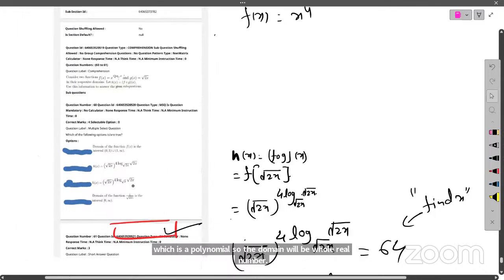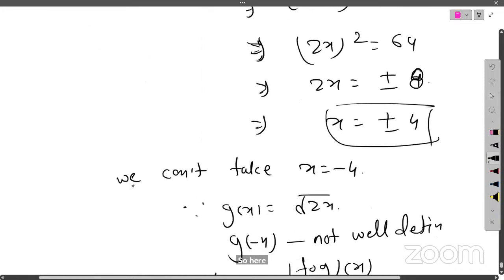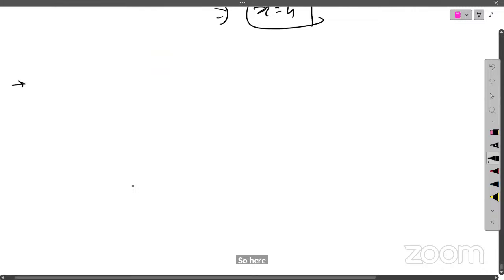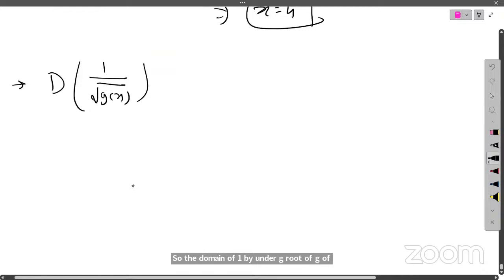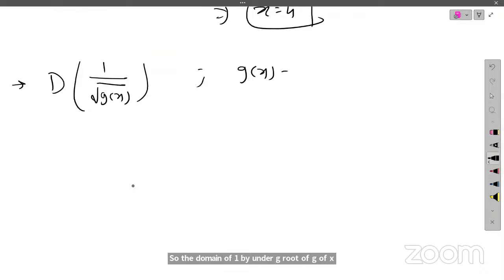So here you can use a composite function. We have to compute the domain of 1 upon under the root of g of x, where our g of x is under the root of 2x, right? You can think of this as a composition of functions. First, g of x should be well defined.